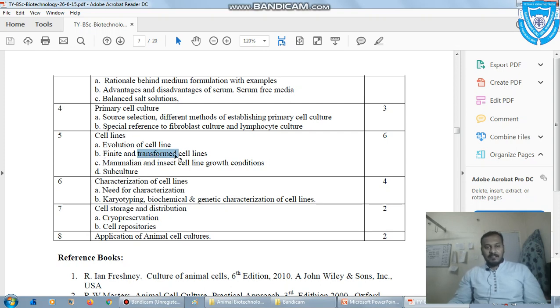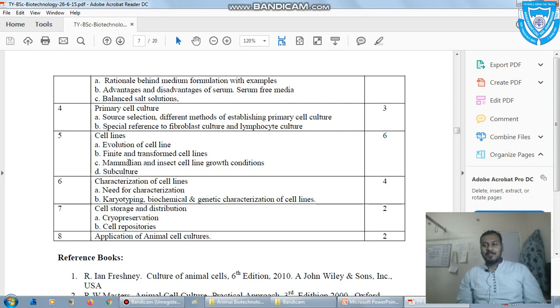Finite means the age of the cells is finite, because you all know that we are mortals, not immortals. Each and every cell in our body ultimately dies at some particular age.